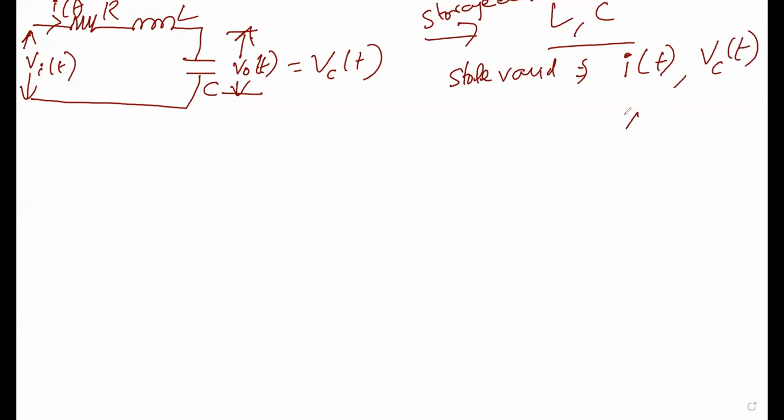So what is the state vector? The state vector is a matrix that contains these two state variables as its elements. Is it clear up to this step, all of you? Yes, sir. Right.